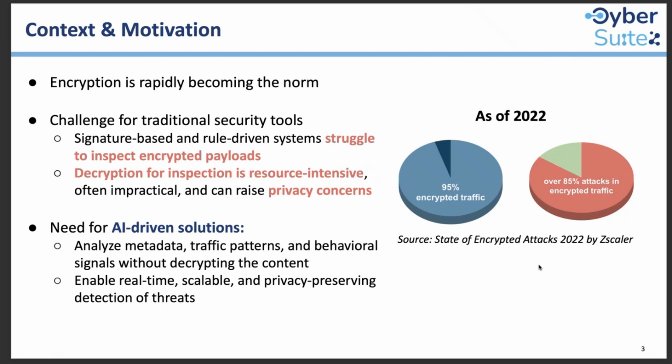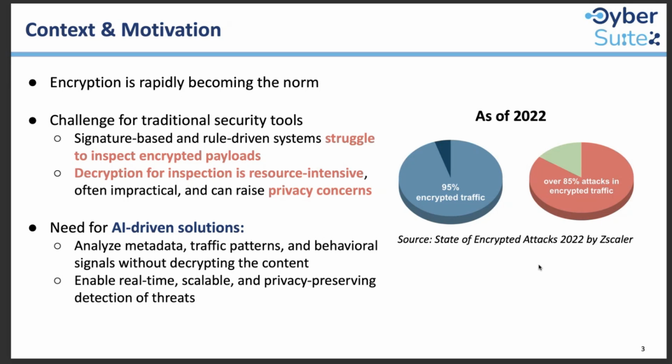and over 85% of attacks occur within the encrypted traffic. Encryption protects user privacy, but at the same time, it also increases the complexity of traditional security tools. For example, signature-based and rule-driven systems struggle to inspect encrypted payloads, and decryption is resource intensive, often impractical, and can raise privacy concerns.